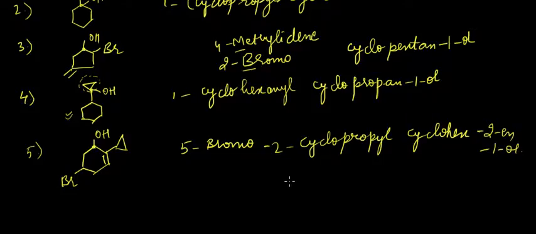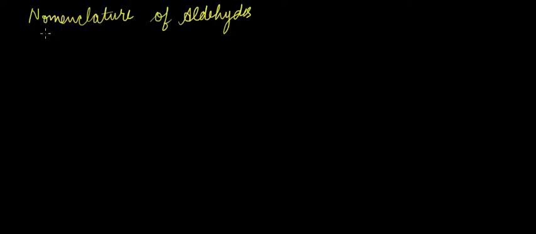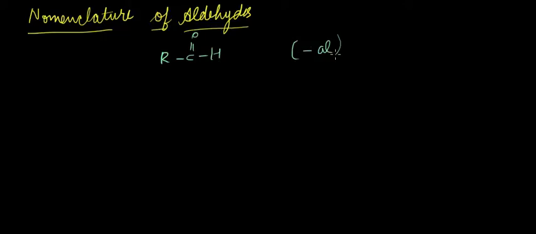Okay, so now we have completed our nomenclature of alkanes, both for the chain and for the ring compounds. So now we'll be starting off with nomenclature of aldehydes. Okay, so the suffix for aldehyde is al.